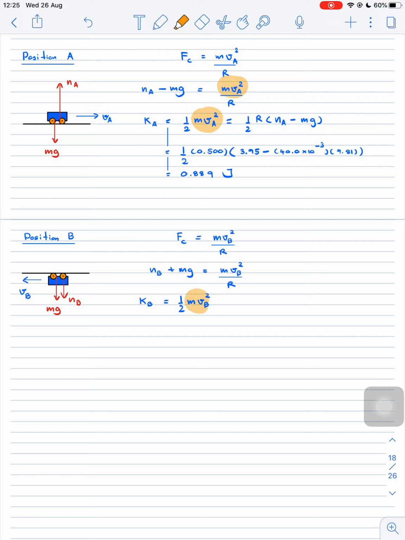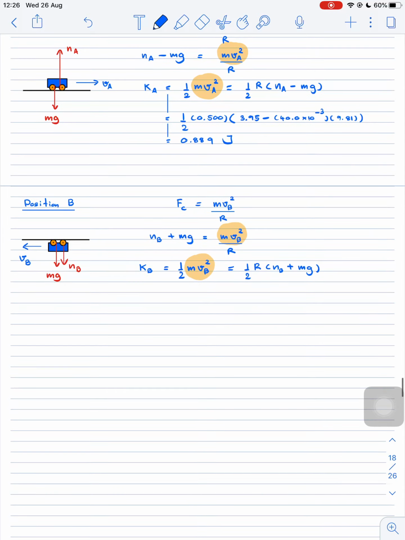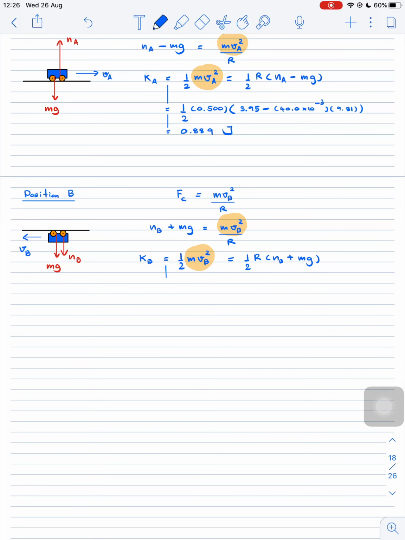We have mVB squared here and here, so it equals 1/2 times R times NB plus mg.